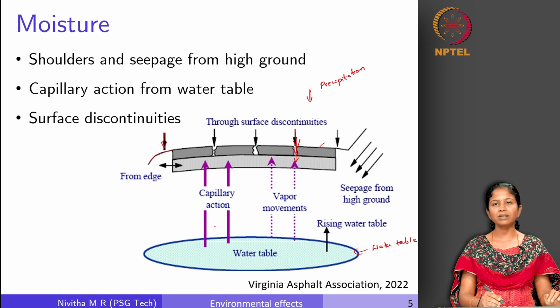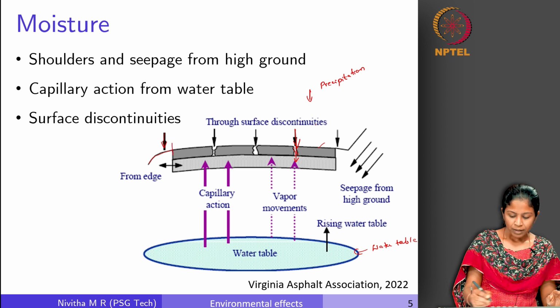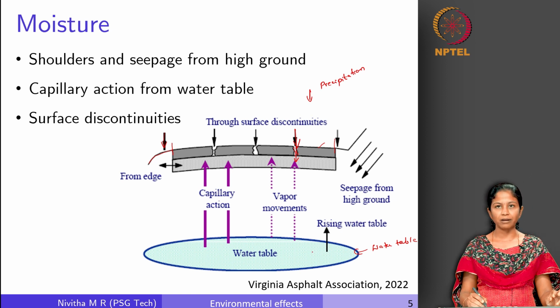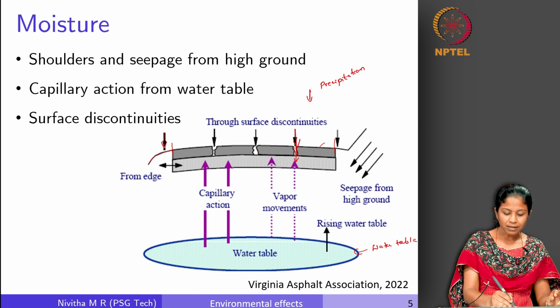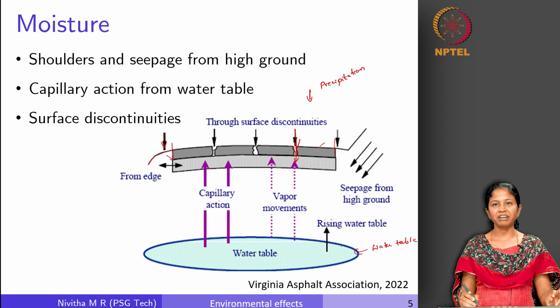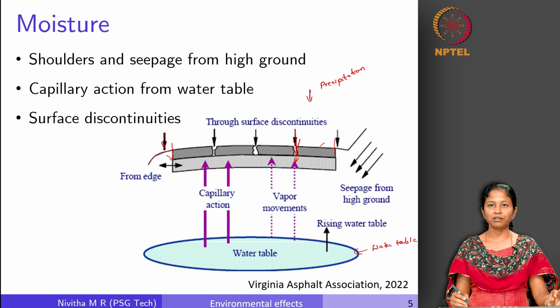So, these shoulders also should have some drainage considerations. Let us say that apart from the edge of the pavement, we have the soil layer which is present here. So, water which enters into this soil layer will also enter laterally into the pavement system. So, this is another point of entry of moisture into the pavement system.